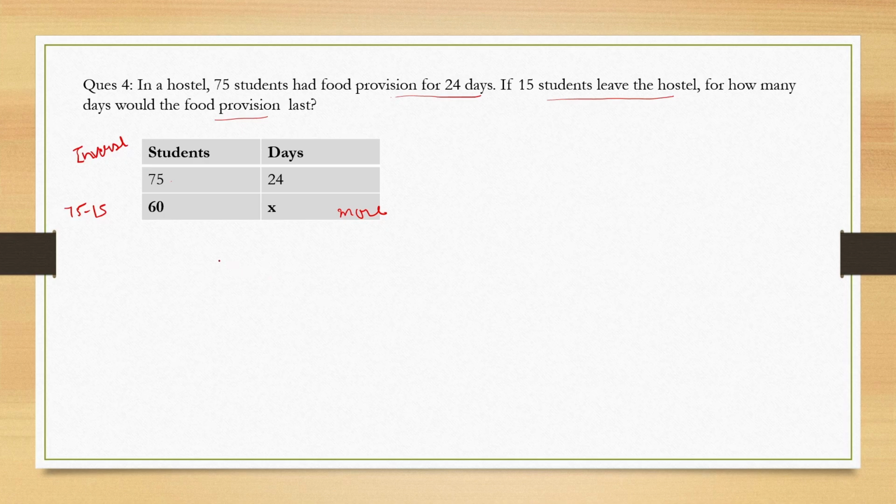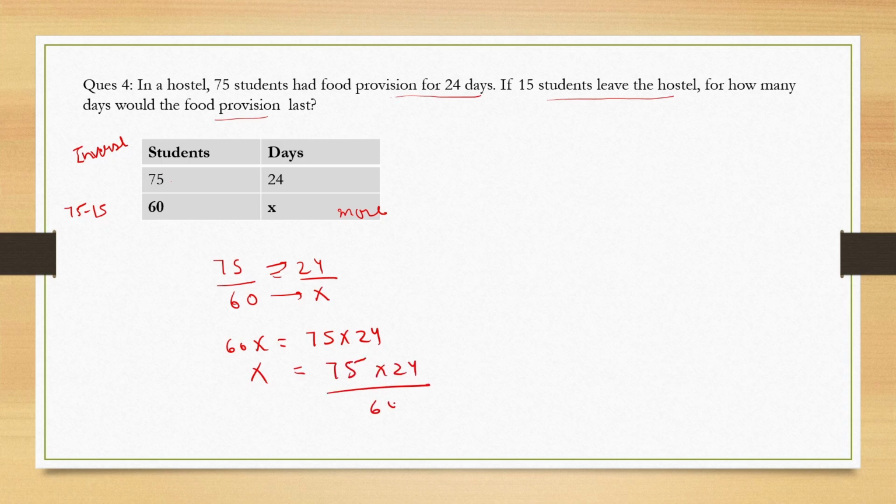In inverse proportion, 75 upon 60 equals 24 upon x, and we will do multiplication like this. 60x equals 75 into 24, so x equals 75 into 24 upon 60. This 12 will be cancelled by this.